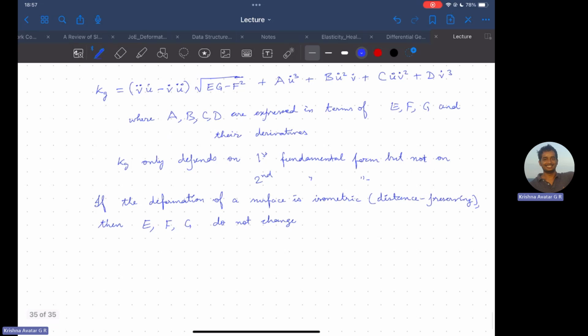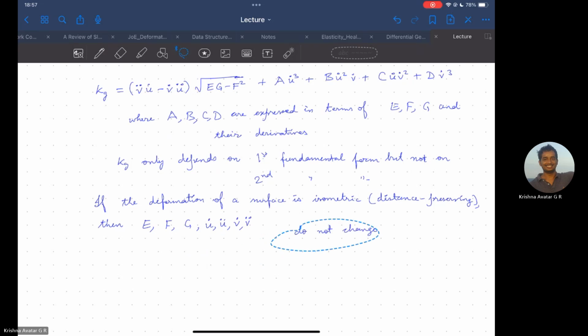And since it's isometric, then even U dot, V dot, U double dot, V double dot, they also won't change, right? All of these quantities won't change, because we are ensuring that the distance remains preserved. So this simply implies that kappa G does not change.